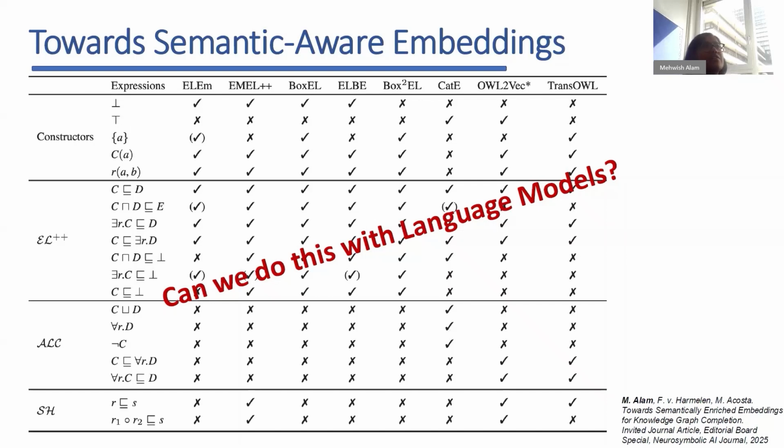Now my question here is, can we do this with LLMs? The downstream tasks that we are actually solving with these kinds of semantic embeddings, can we do them with LLMs? It is mostly schema completion tasks, where you have relations and classes.